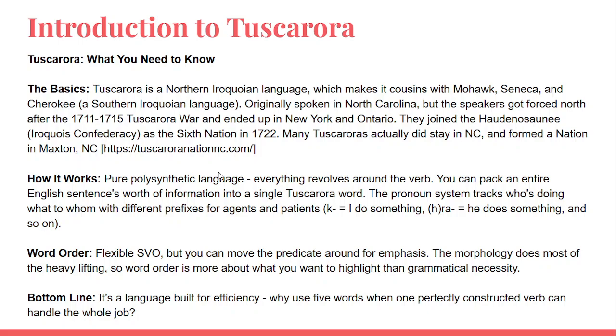So there's been a lot of contention between the nation that moved up to New York and the nation that stayed down here. And I've seen a lot of debate going back and forth about how they weren't considered Tuscaroras, the ones that stayed in North Carolina, because the bulk of the tribe had moved away.